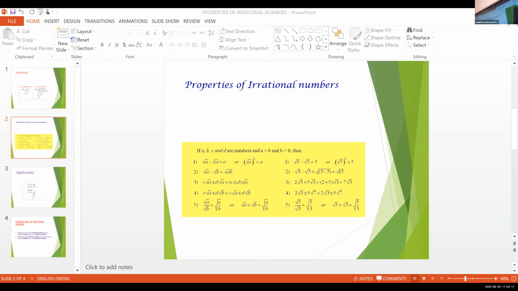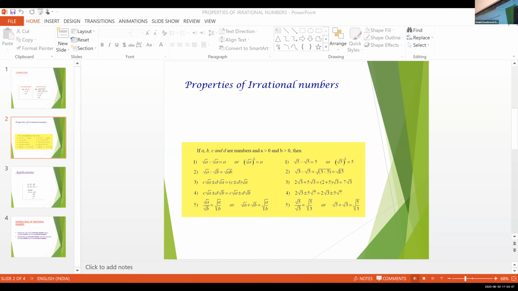Which rule is that? We are making it a common root, isn't it? Are you familiar with that rule, Meghna? Yes, ma'am. Okay.